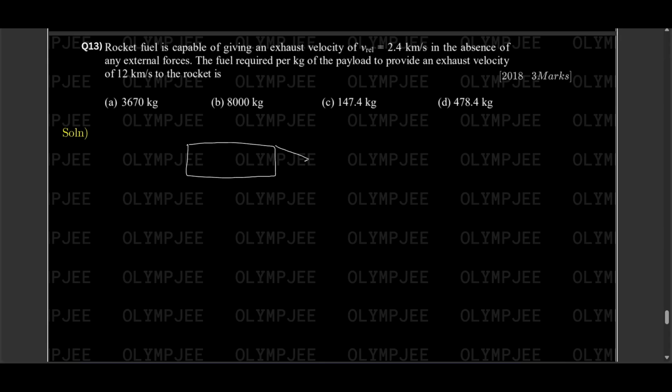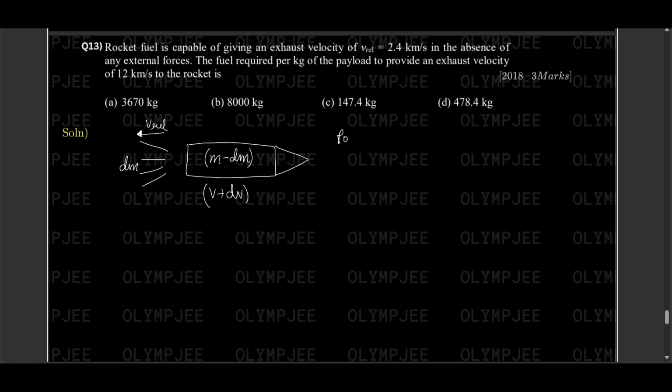The final state is that some fuel has been ejected. Let us say that it has velocity v_rel because that is what we have been given, and it has mass dm. So mass has been subtracted from this rocket, right? Because the fuel was initially inside the rocket and now it is out. And the velocity must have increased because the mass has decreased. So a lighter object will move faster.